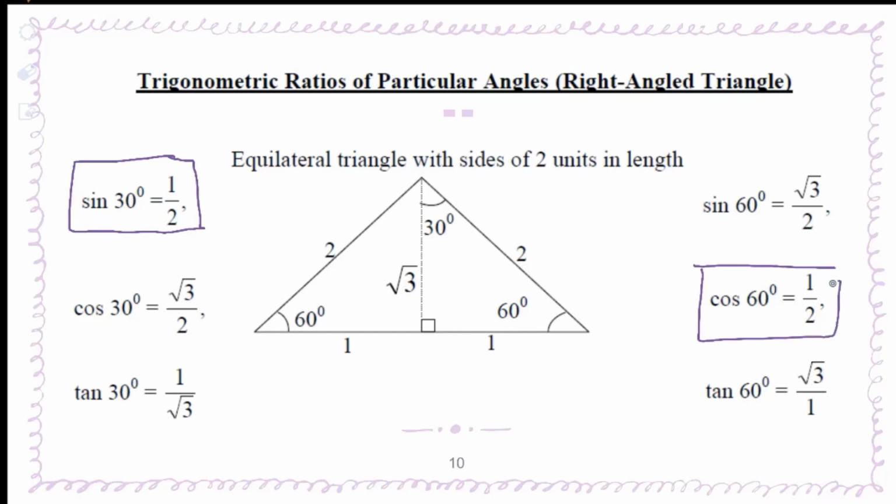In other words, sine 30 is equivalent to cos 90 minus 30. Remember, we learned this in our previous slide. So cos 90 minus 30 is cos 60. So that's why sine 30 is equal to cos 90 minus 30. Same goes for cos 30 and sine 60.